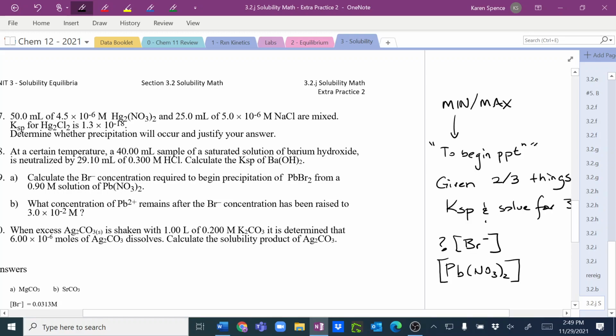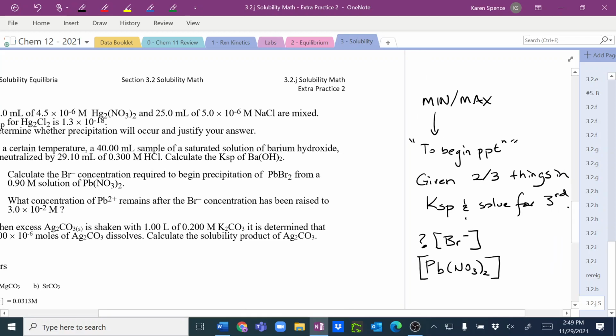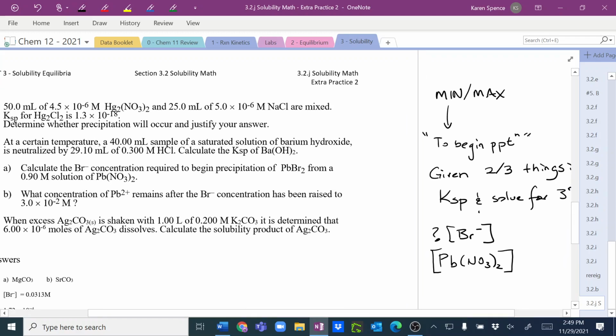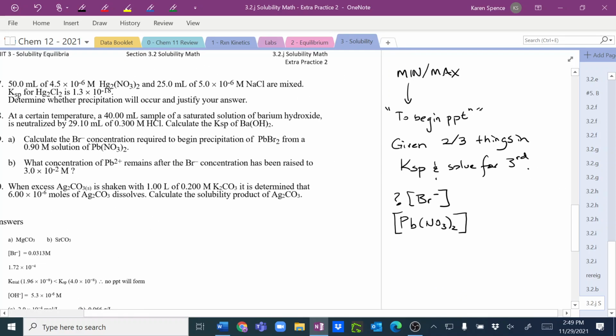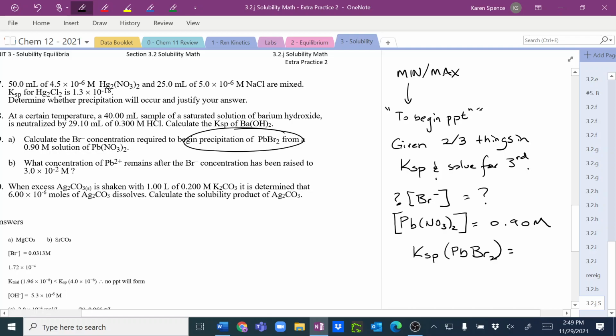But this one just says calculate the bromide concentration, so you don't need that extra step. For this one, we know that this is 0.90 molar. We don't know what this is. And we know the Ksp of lead bromide because we can look that up. And it says precipitation of lead bromide, so that is our precipitate.